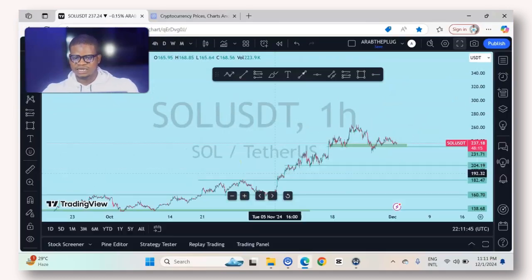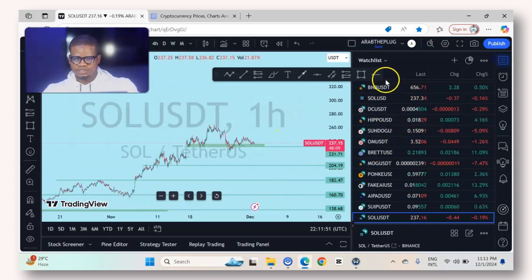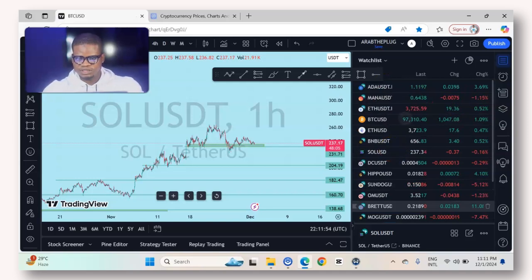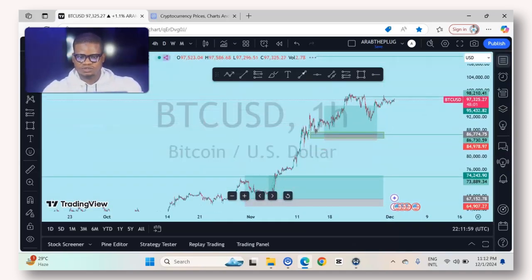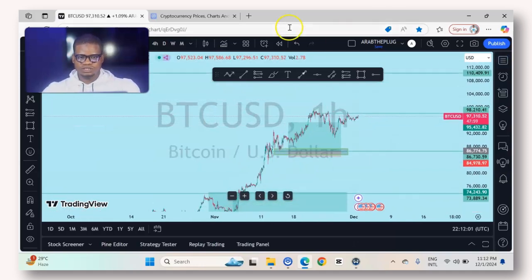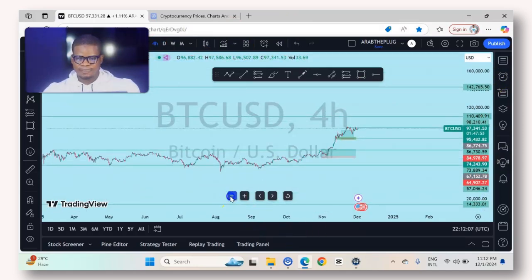So let's look at another chart and draw support and resistance levels. So let's look at the chart of BTC USDT. This is the chart of BTC USD, right? Let's switch to the 4-hour time frame. You see, I have areas already drawn on this chart.